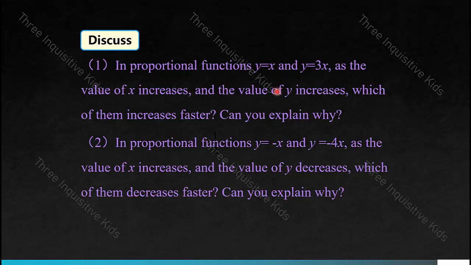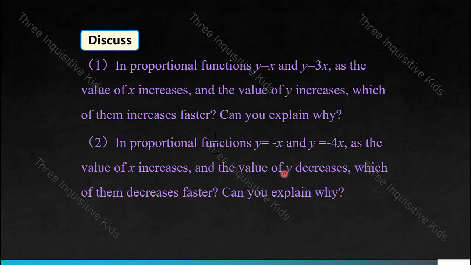So with every increase of x, for the first function, y would also increase 1. But in the second function, whenever x increases 1, y would increase 3, meaning that y is equal to 3x would increase faster.